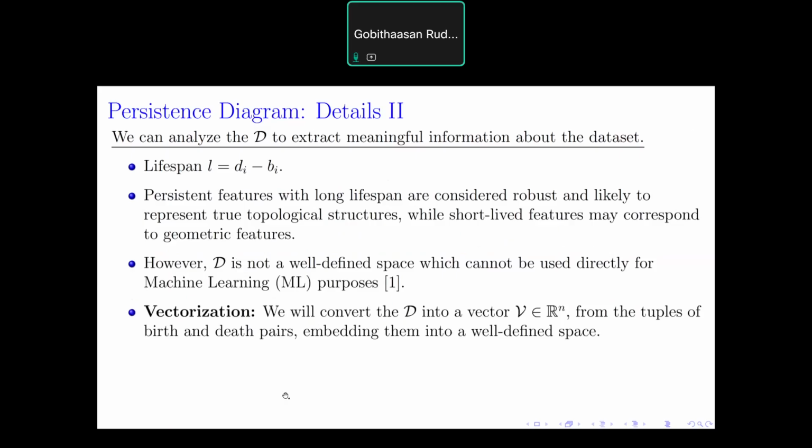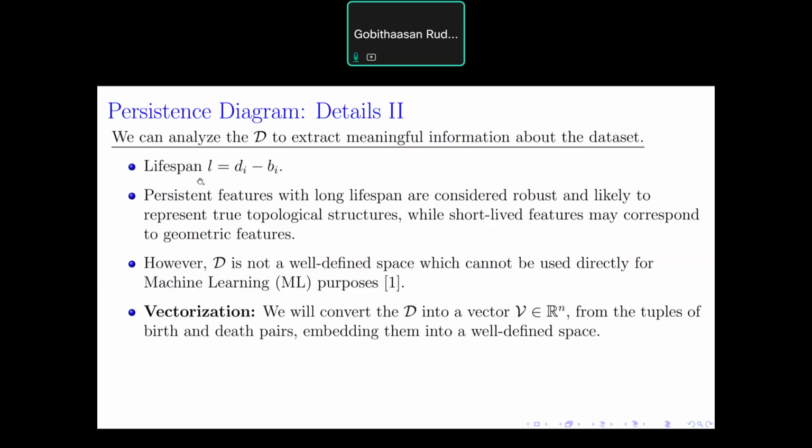Now we can summarize the shape information in a number of ways using the persistence diagram. Unfortunately, we cannot use the birth and death pairs directly in machine learning. We just need to align them a little, in such a way that we use the shape information for machine learning purposes. One example would be to compute lifespan.